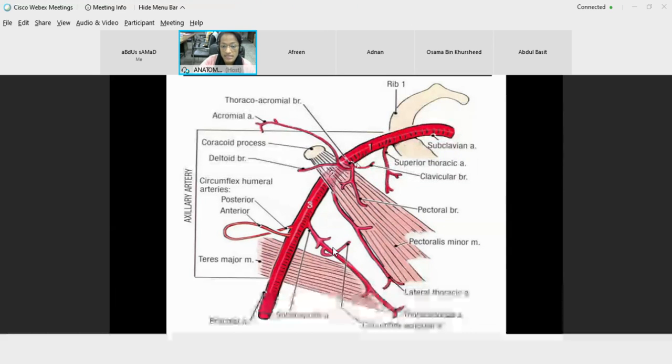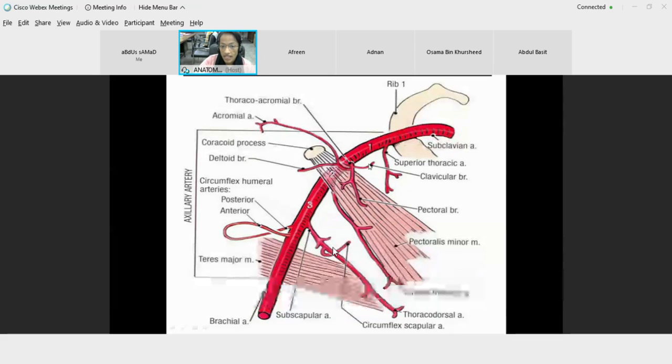These are the branches of the thoracoacromial artery, a branch of the second part of the axillary artery.